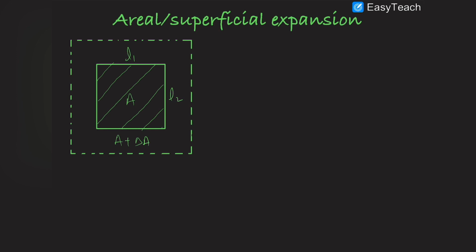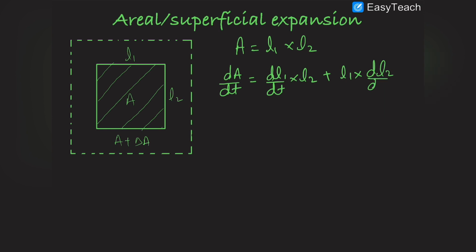So let us see what the area is. The area of this plate would be L1 into L2, and if we differentiate it, dA by dT would be dL1 by dT into L2 plus L1 into dL2 by dT.